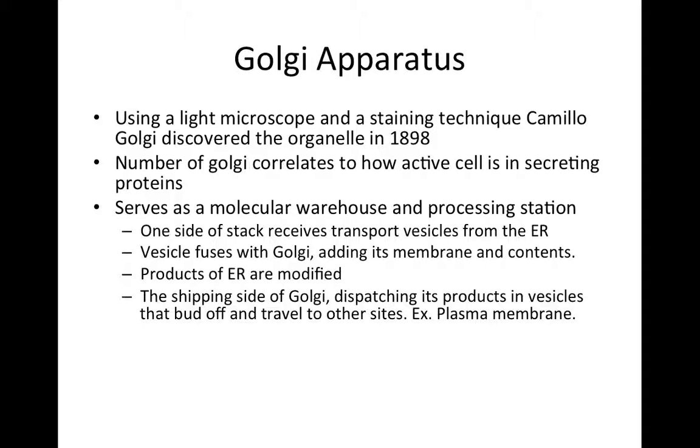The number of Golgi correlates to how active the cell is in secreting proteins. So let's say the pancreas, which secretes insulin: the pancreas cells are going to contain a lot of Golgi, because insulin is a protein that gets made and processed through the ER and ultimately the Golgi, and it's from the Golgi that insulin then gets released out of the cell itself.